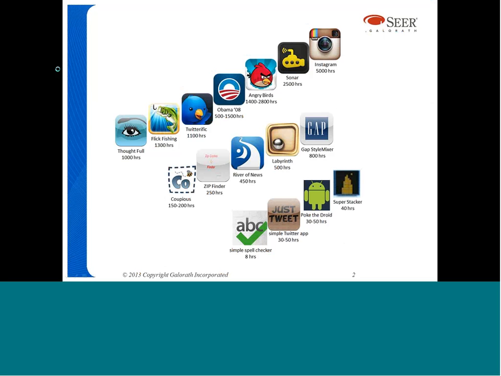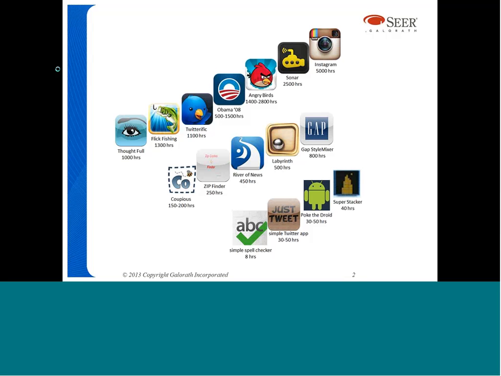Here's how much apps cost. We actually looked at all the published information on app development cost, and there is surprisingly little that is published.